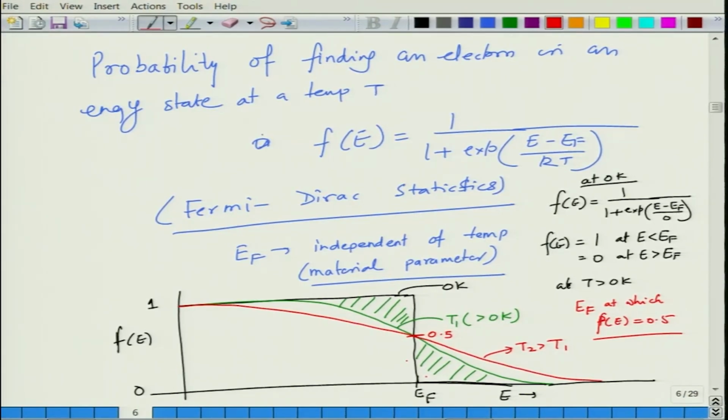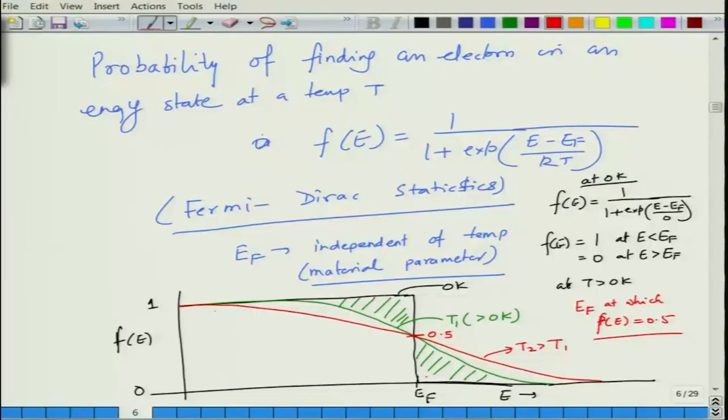This Fermi energy concept solves a lot of problems of classical physics, because classical physics says that all the free electrons can conduct. Fermi-Dirac statistics says that it is not all the free electrons which are able to conduct, it is only those free electrons which are in the vicinity of EF.